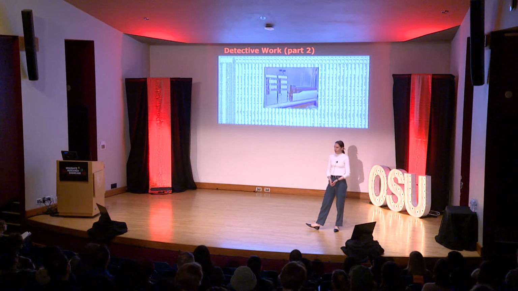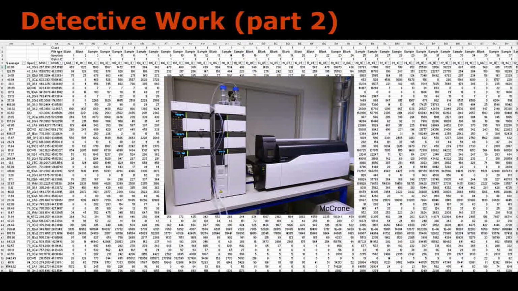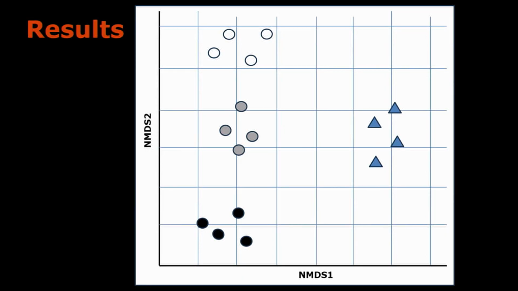I'll do the same chemical analysis, get the same big sheet, and run statistical tests on those resulting suspect and fragments lists, on their patterns and trends in their chemical composition. This work is still in progress, but here's an example of what that might look like. Samples that are very similar or have the same chemicals in them should cluster together.